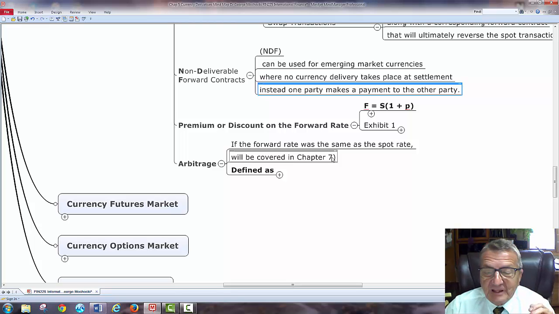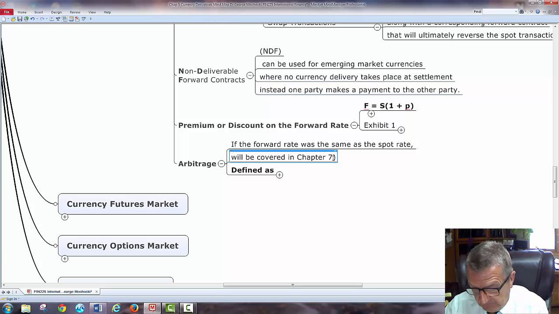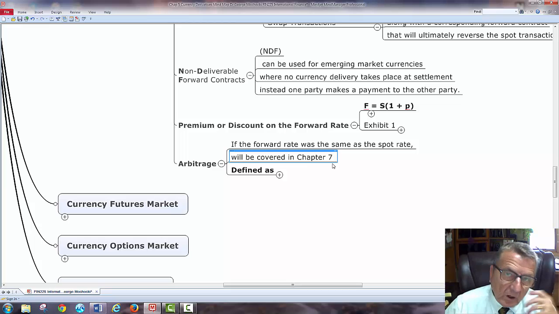Okay, what I'm saying is, we're going to have this in chapter 7, a couple of chapters after chapter 5, but they're talking about it here, as part of this lecture. You'll understand arbitrage more down the road. There's a whole chapter on it, a little more in depth. So those of you who say, hey, I really want to know this, flip up in the book to chapter 7 and read it, and then you'll be ahead of the curve.